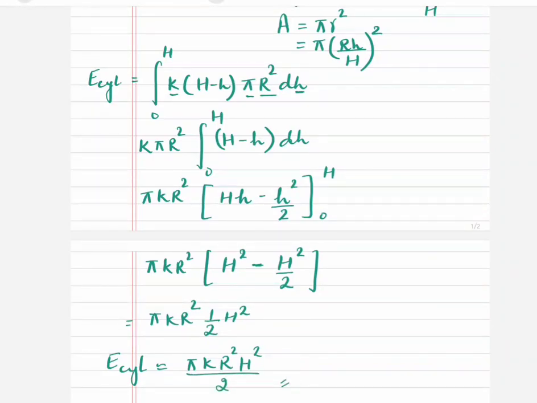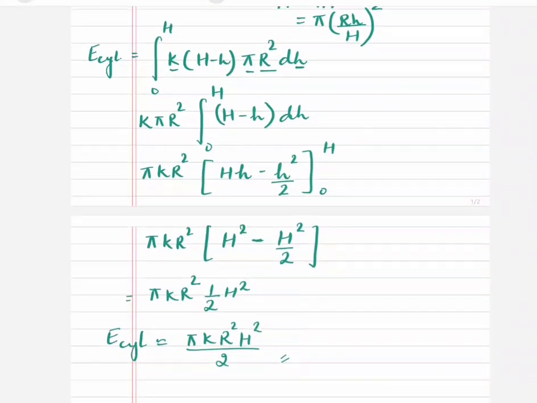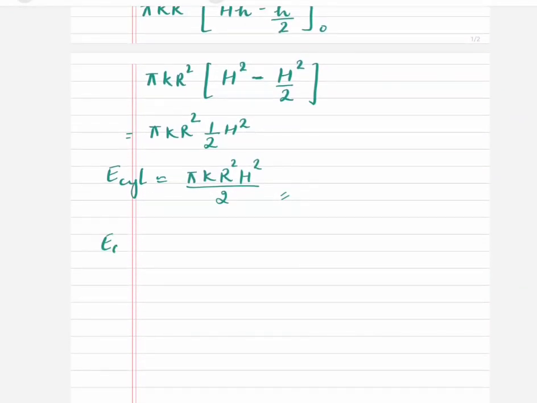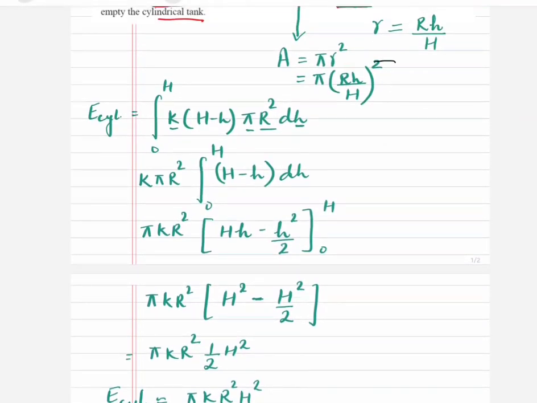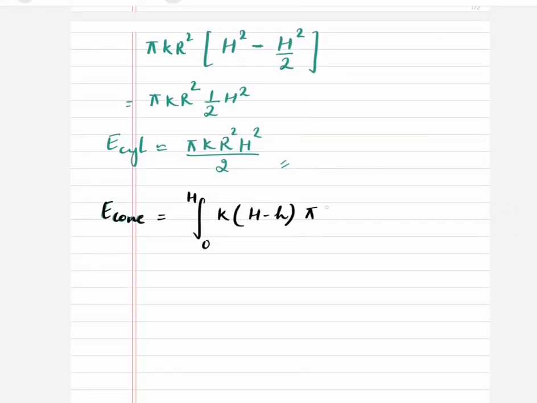Now we do the same for the energy of the cone. Energy of cone is equal to the same formula, integral 0 to H of k (H minus h) times the area, and the area of the cone that we just calculated is pi R h over capital H, whole square, dh.